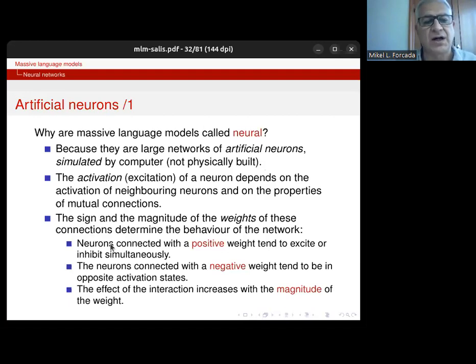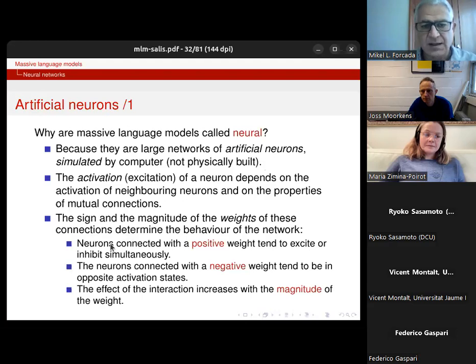Two neurons which are connected with a positive weight tend to excite and inhibit simultaneously. If the neurons are connected through a negative weight, then they tend to be in opposite activation states. So they go contrary to each other. And the effect of these interactions, of course, increases with the magnitude, or the strength, of the weight that connects them.